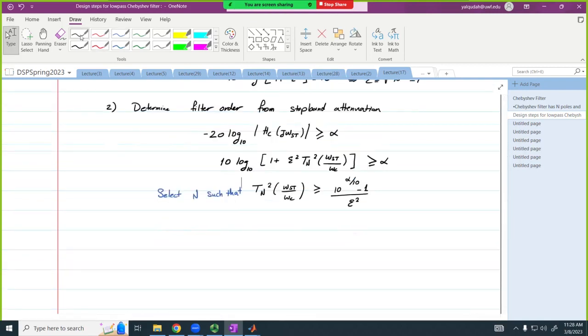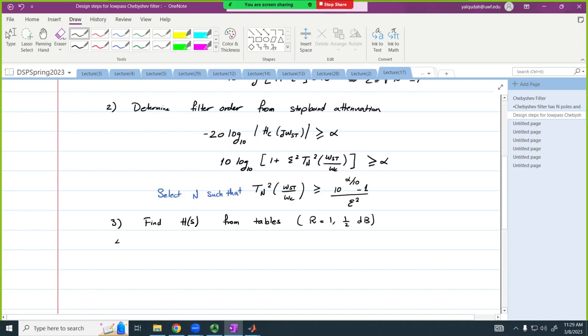The next step is we're going to find H(s). Where are we going to get the H(s) from? From tables. And usually the table is going to have R equal 1 and 1/2 dB.